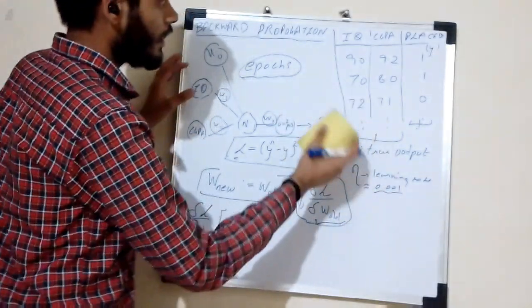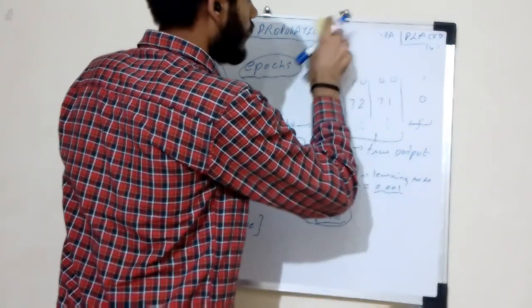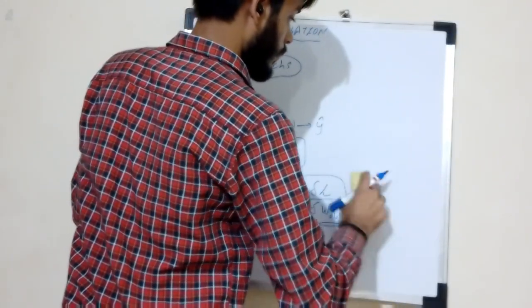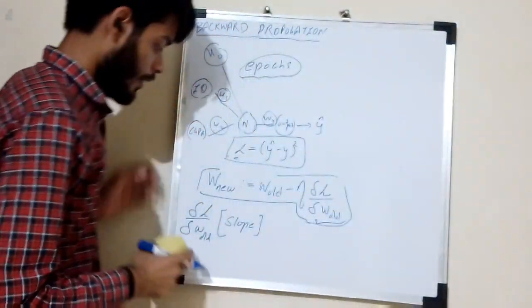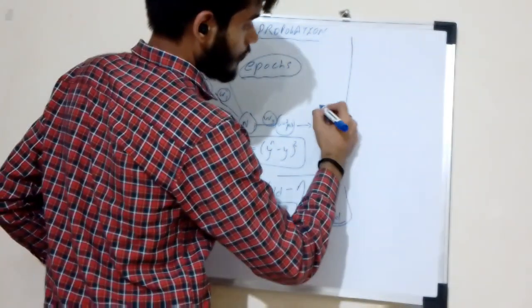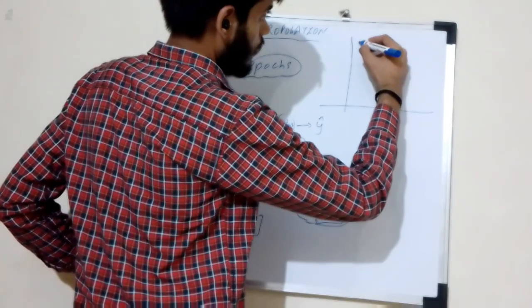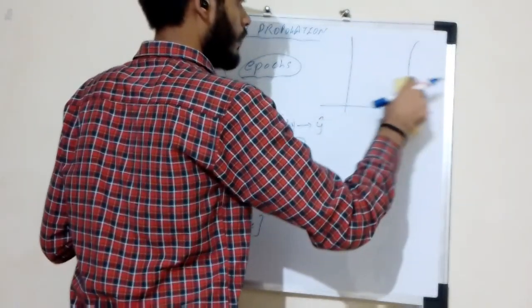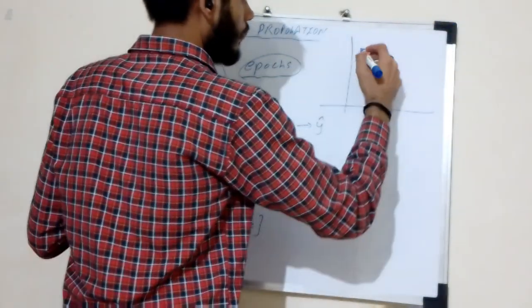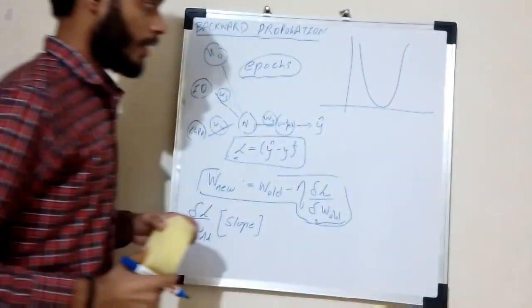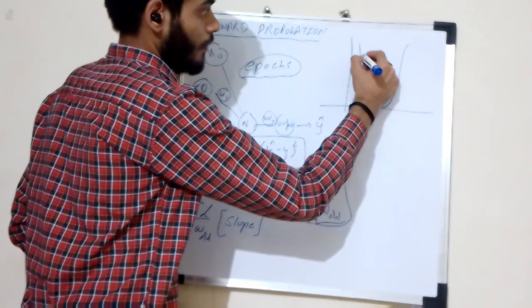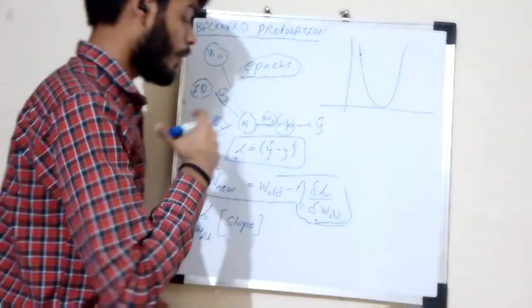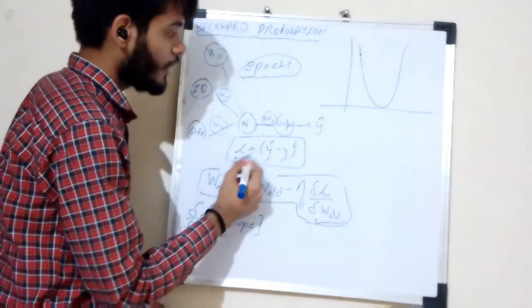Let me draw this to make you understand. What I want to do is come to the global minima, which means I want to reduce my loss function.